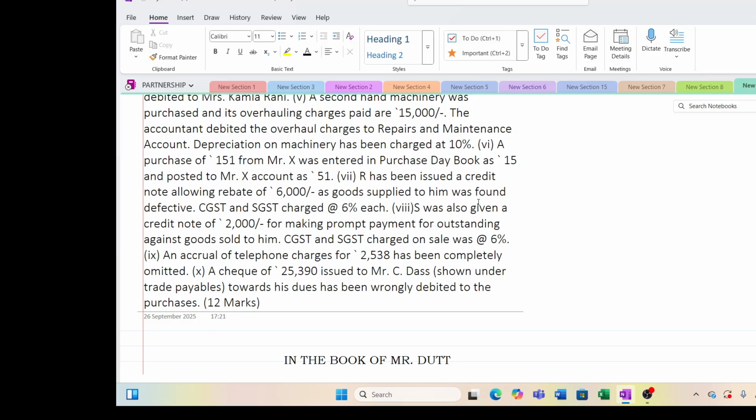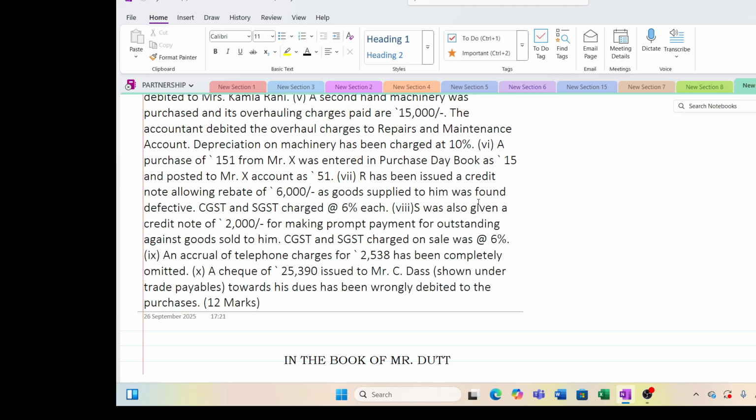Once the goods were sold to him, he has to make some payment. He has made the payment earlier, so he is entitled to a cash discount. This is for making prompt payment.